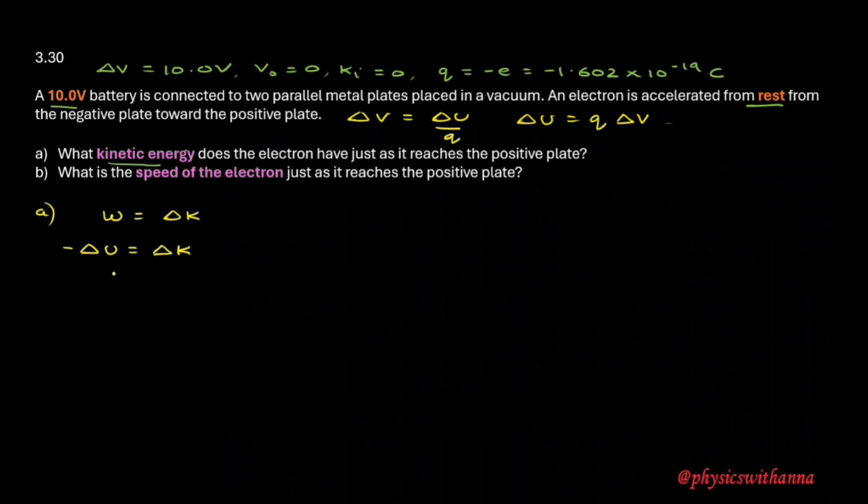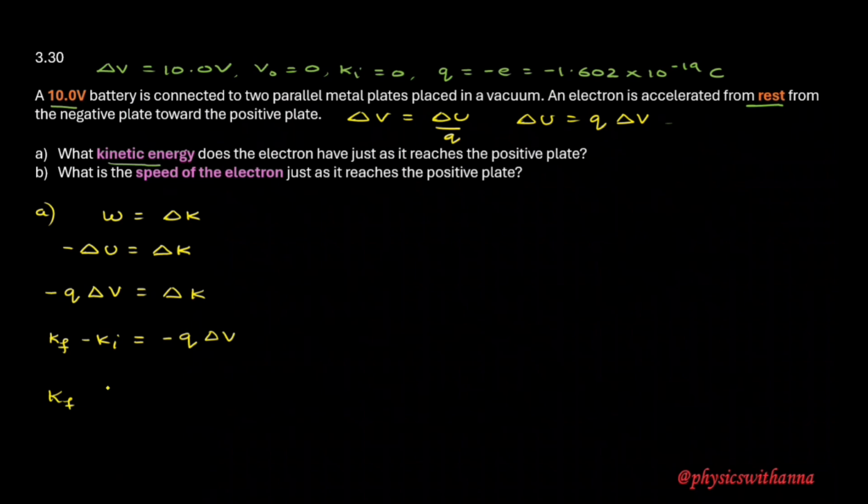Let's substitute this here in our expression for energies. I write negative Q delta V equals delta K. Delta K is nothing but the final kinetic energy minus initial, which is equal to minus Q delta V. Let's substitute to find the final kinetic energy.